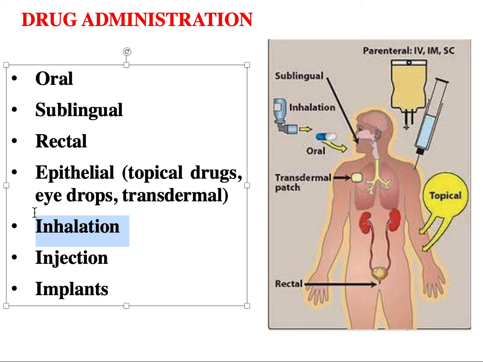Inhalation is often albuterol for your lungs or asthma, or general anesthesia. There are a number of gaseous general anesthetics. We talked briefly about halothane, but that's not used as much. There are a number of other ones as well. Then injection, obviously, and implants as well.